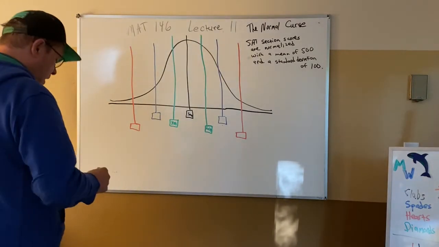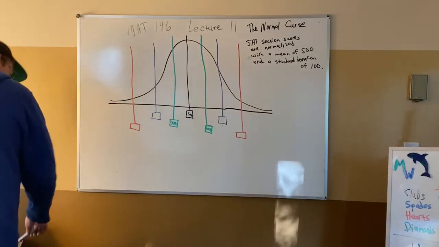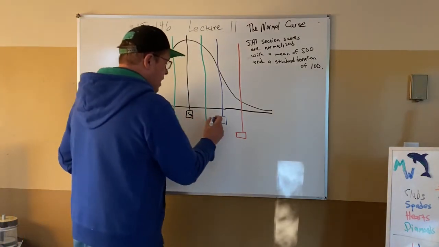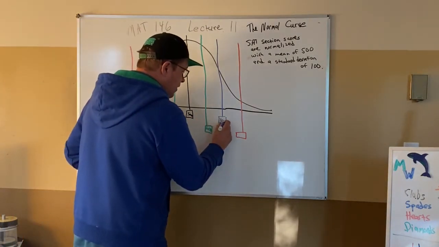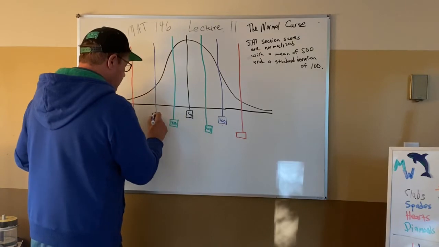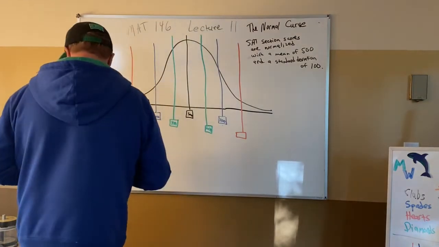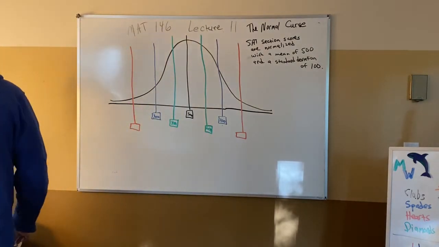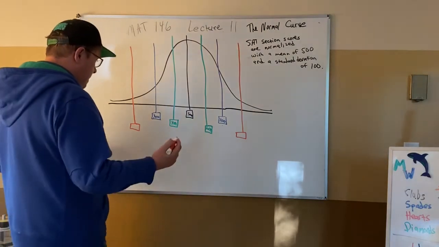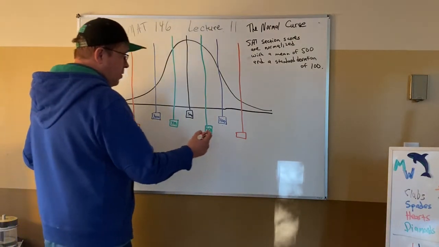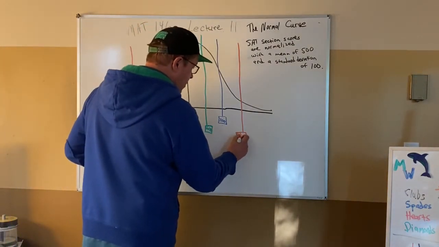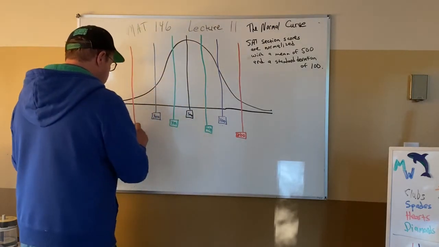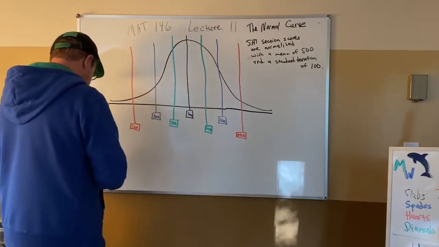This was a really good lecture to do in front of an audience, but I'll do the best I can with it. Add another 100 to get to the next level: you got 700. Take another 100 off and you got 300. And then let's put another, and here you see 800. That might be a recognizable score. And here's another one, 200 might be a recognizable score.